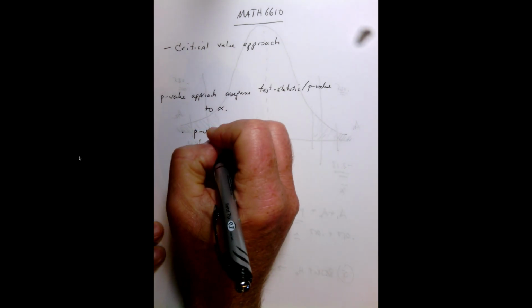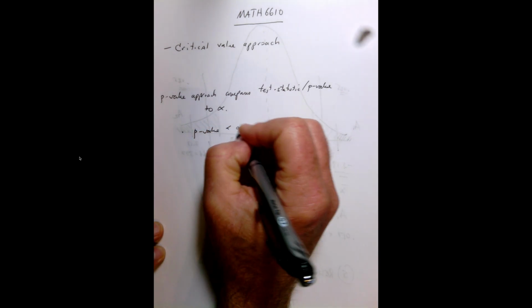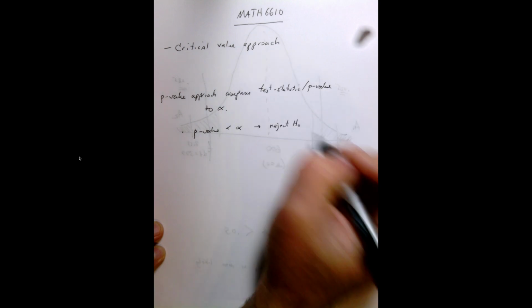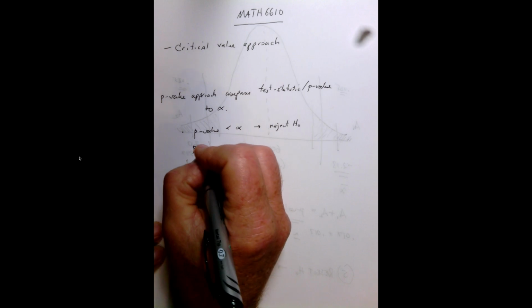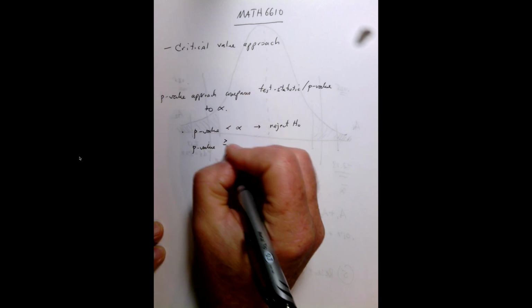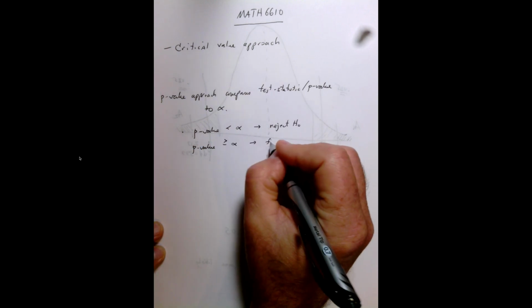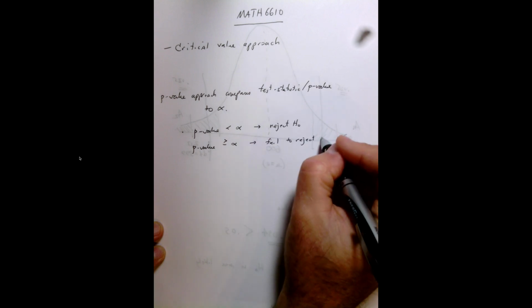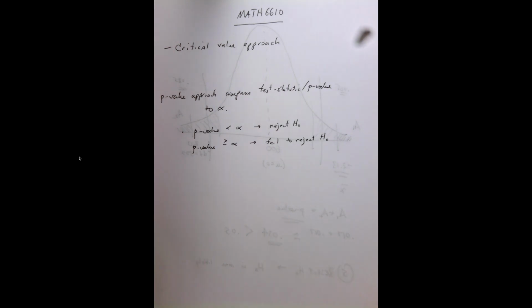If the p-value is less than alpha, then we reject H sub O. If the p-value is greater than or equal to alpha, then we fail to reject H sub O.